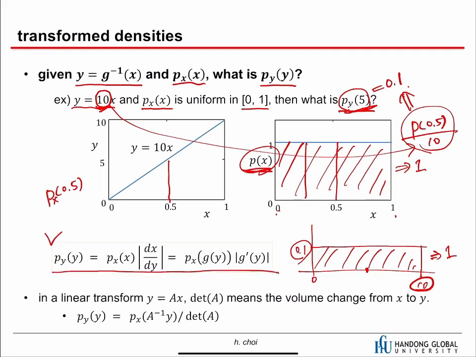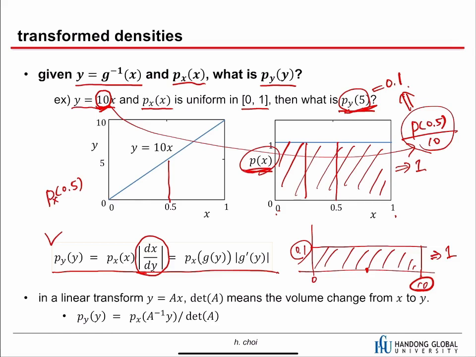P sub y of y is actually p sub x of x times this volume change. Okay, how much change? This says when x changes, the ratio of the change of x to the change of y.